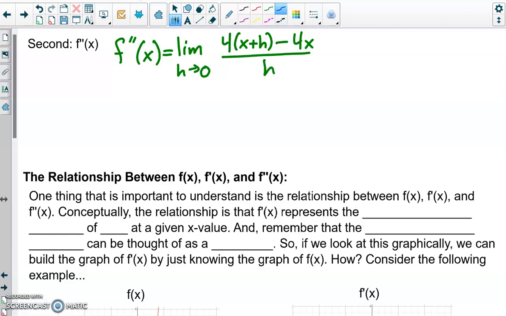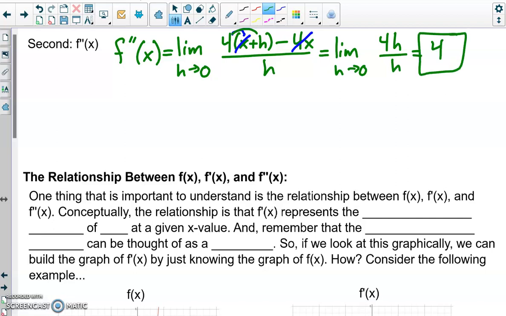And again, we have some things that can cancel. Distributing in, we get a 4x. That will cancel with our minus 4x. And then we'll just have the limit as h goes to 0 of 4h over h. The h's cancel and we just get 4. So our second derivative here is just 4, a constant.